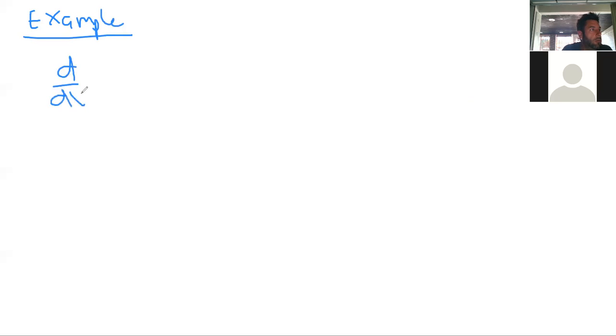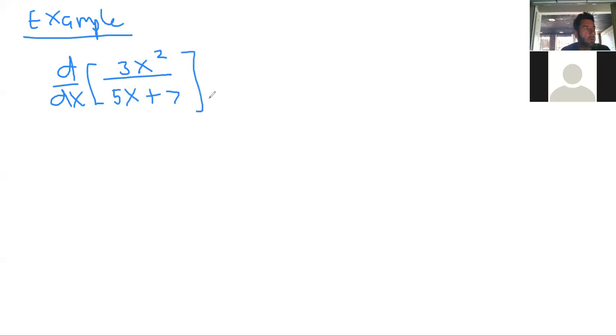Isn't this fun? So let's do an example of the quotient rule. Let's take something like 3x squared over 5x plus 7.